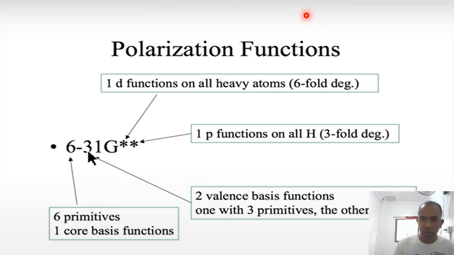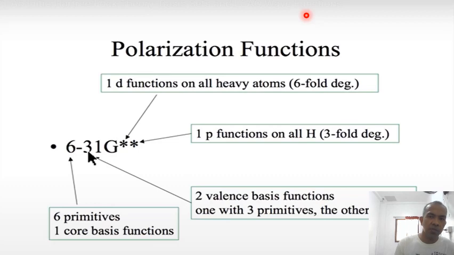The d functions are sixfold degenerate, and that seems a little curious because you know that there are only five d orbitals. That's a key point here. If I tell you to write down the d functions in Cartesian coordinates, there are six of them.